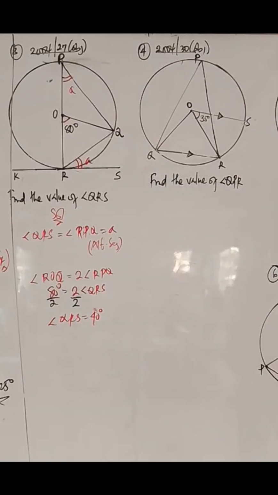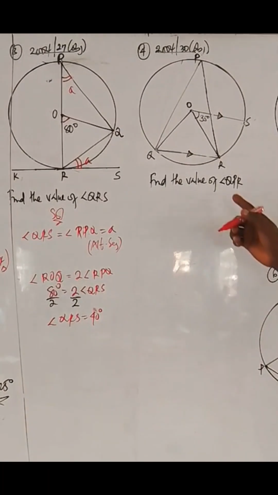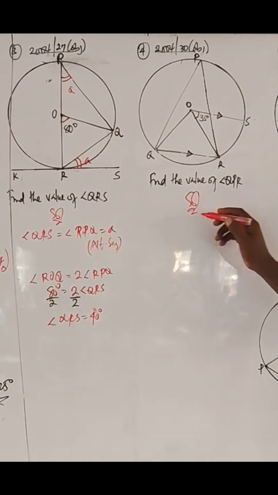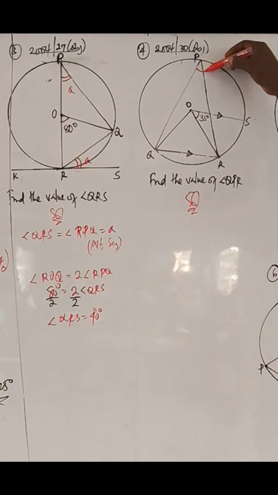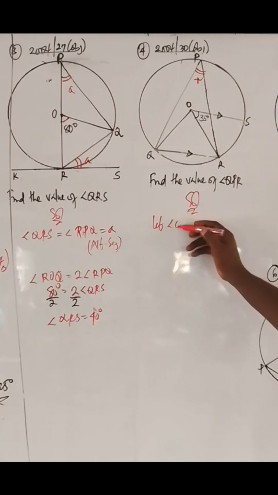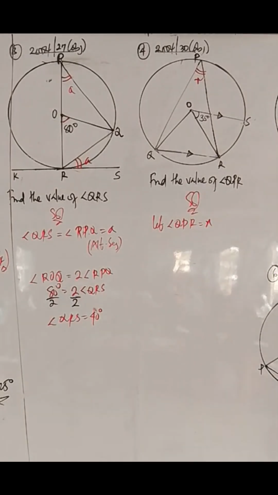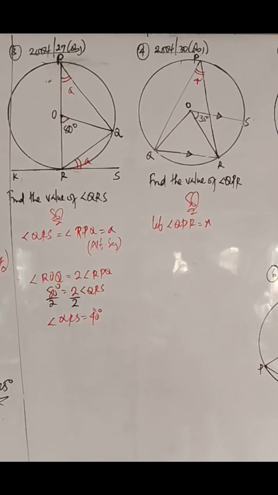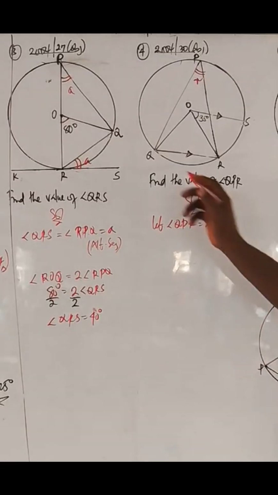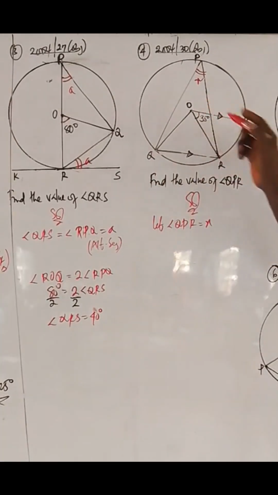For this question 4, 2004 OBJ 30, we are told to find QPR. QPR, this angle. Let's call it X. Let angle QPR be X. Now, if you observe, QR and OS are parallel.